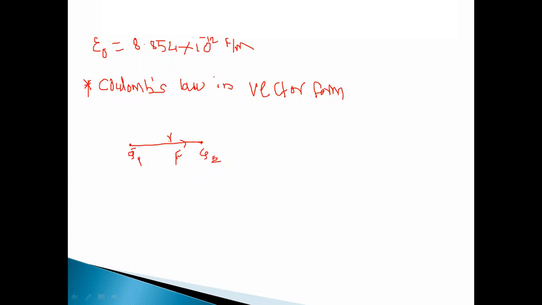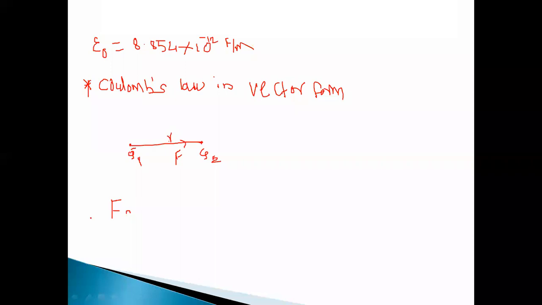Between these two charges there may be an attractive force, there may be a repulsive force. So on this charge Q2 some force is acting due to charge Q1. So that force is given by, on which charge is the force acting?